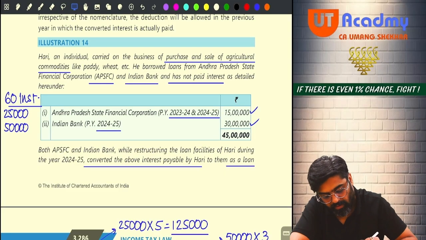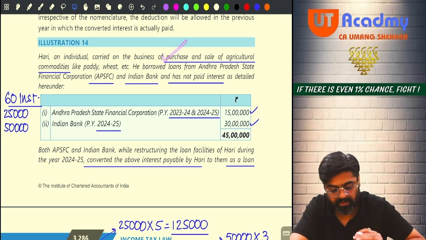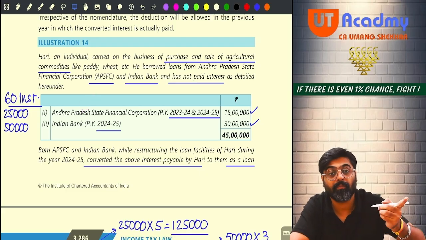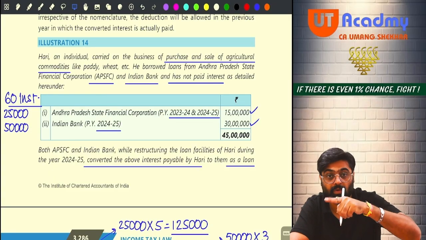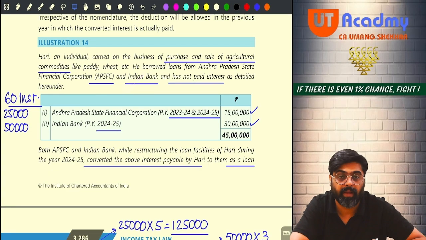Hari, an individual, carried on the business of purchase and sale of agricultural commodities. He is in the business of purchase and sale of agricultural commodities like paddy, wheat, etc. Okay. He borrowed loans from Andhra Pradesh State Finance Corporation, APSFC, a state finance corporation. From SFC, a loan was taken for the purpose of business. And also a scheduled bank. Indian Bank is a scheduled bank, yes or no?